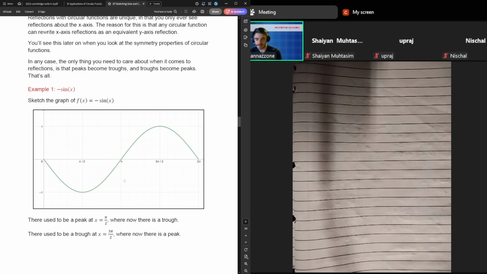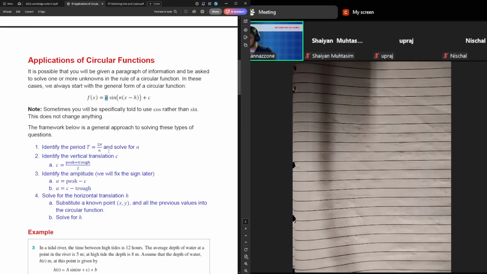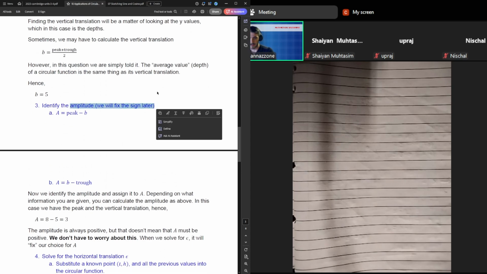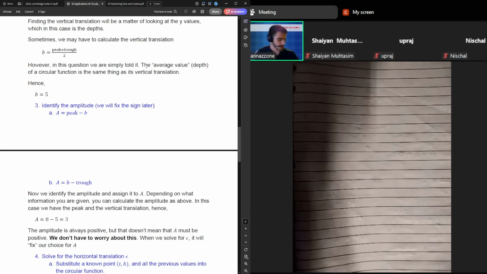It's been reflected. The reason I've specifically written in here that we need to fix things up is because with the information we're given, we're only told the peak and the middle of our circular function, and there's no way to actually know whereabouts that occurred.